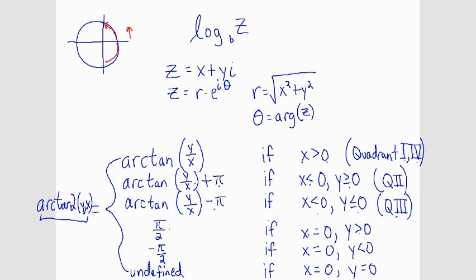If we go the other way and it's on the y-axis below the x-axis, that means x is equal to 0 and y is less than 0. And then finally, if it's 0 over 0, then we're not on any axis, we're on both axes. We're at the origin, and this is where we'll just say it's undefined. So when we're calculating the complex logarithm, we're saying that z cannot be equal to 0. So let's talk about that formula.